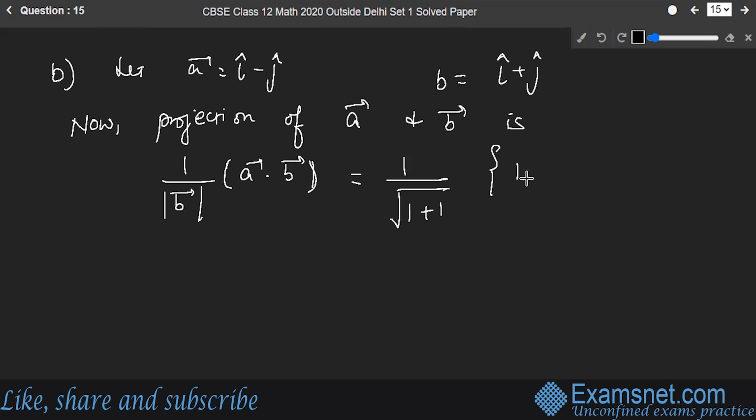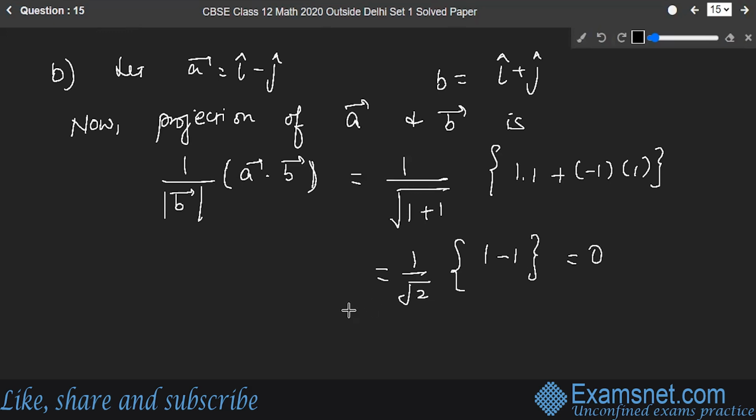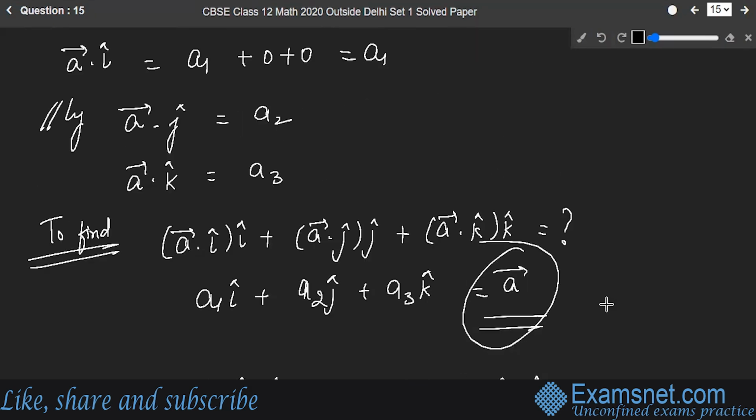So this is equal to 1 into 1 plus minus 1 into 1. Okay, so this is 1 by root 2 into 1 minus 1, that's equal to 0. So the projection of A on B is equal to 0. Simple as that.